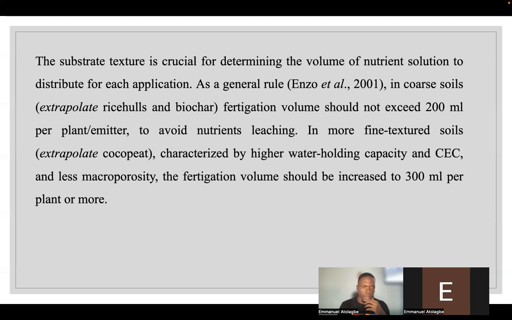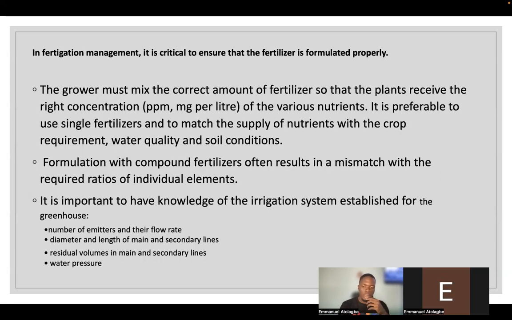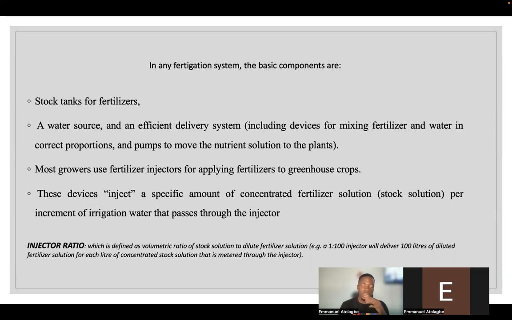So moving on from there. The basic components of a fertigation system, just the basics. Now, fertigation is relative. Your system is relative.